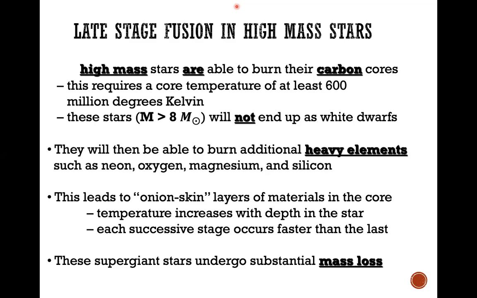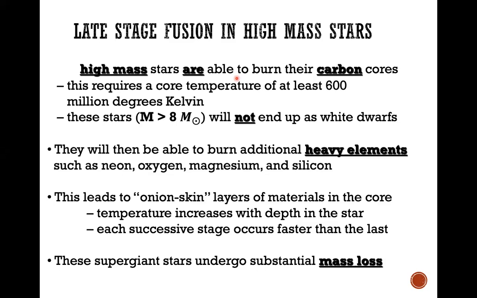So that's why I have mentioned here that the high mass stars are able to burn their carbon cores, and this requires a higher temperature, around 600 million degrees Kelvin, right? So you have to provide this much temperature to make these heavier elements other than carbon, right?